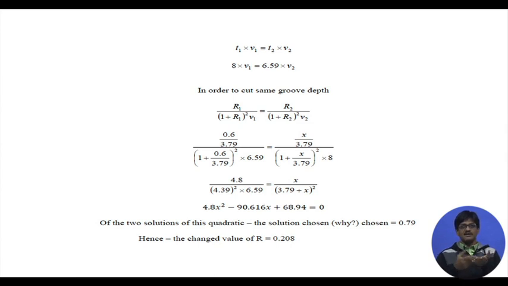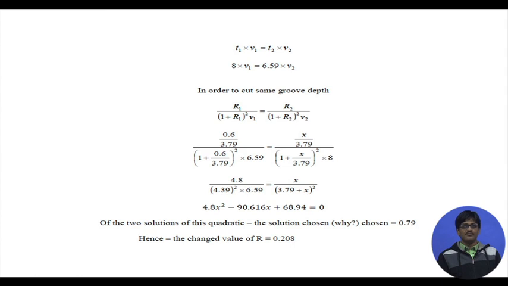That is okay. 1 plus r whole square has also been written, and since x is the abrasive mass flow rate, we have x by 3.79 equal to r, and 1 plus r accordingly written there, so that after we crunch the numbers, we have 4.8 divided by 4.39 whole square into 6.59 equal to x by 3.79 plus x whole square.